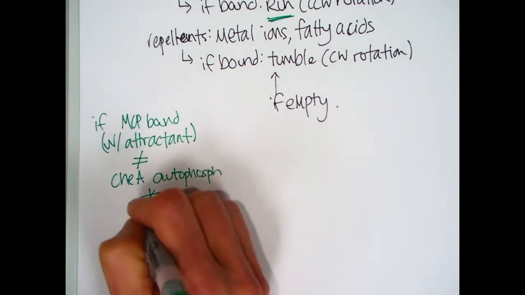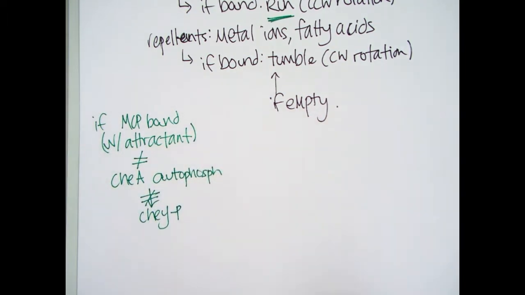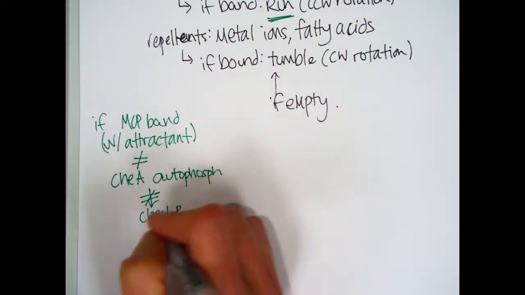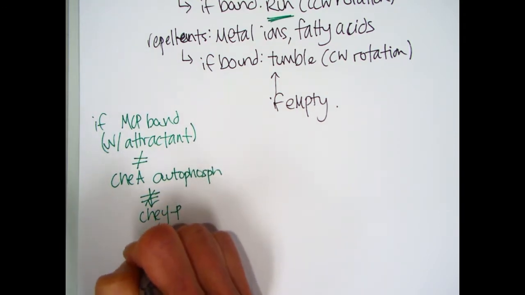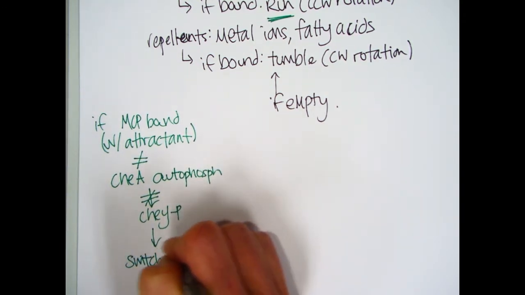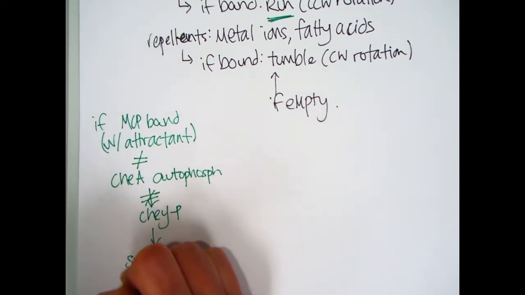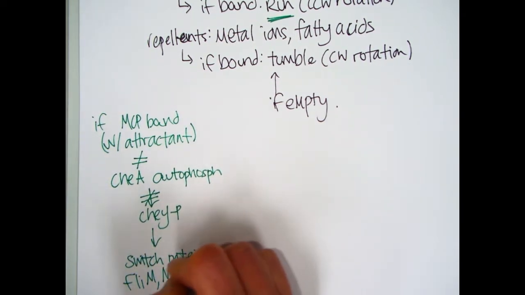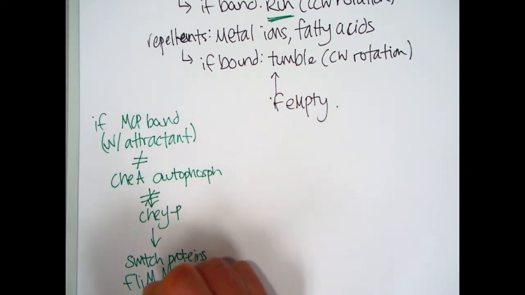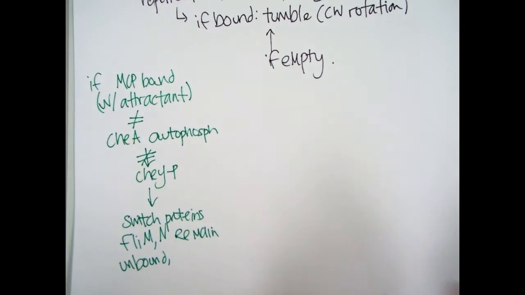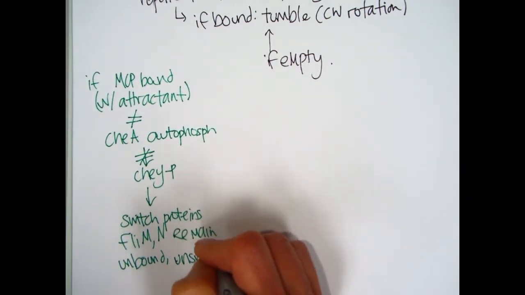Because we do not get KinA autophosphorylation, we also are unable to make the KinY phosphate. And so the KinY phosphate, if it were present, would bind to the switch proteins, FleM and FleN. But since there is no KinY phosphate, the switch proteins FleM and FleN remain unbound and unswitched.